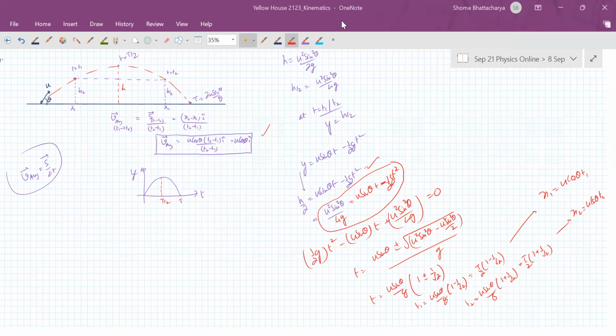Sir, thank you, sir. So what is the NLM portion for major test 4? I think it will be up to constraint relations, like system of pulleys and constraint relation. So pseudo force and non-inertial frame will not be there.